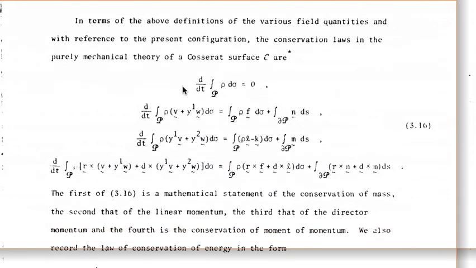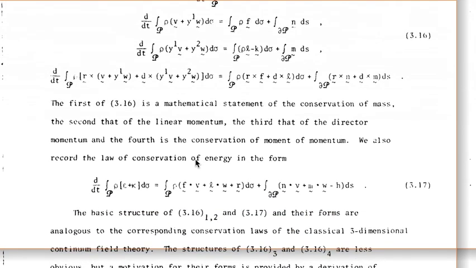So based on these, they have written down the balance equations. This is conservation of mass, and these two are conservation of momentum. Sorry, this is conservation of linear momentum, and this third one is conservation of director momentum as it is written over here, and the fourth one is the conservation of moment of momentum, okay.